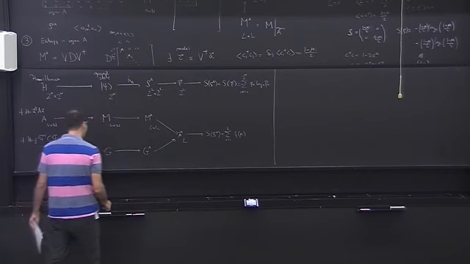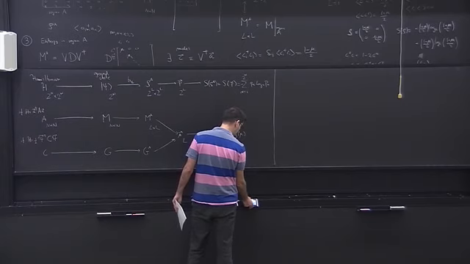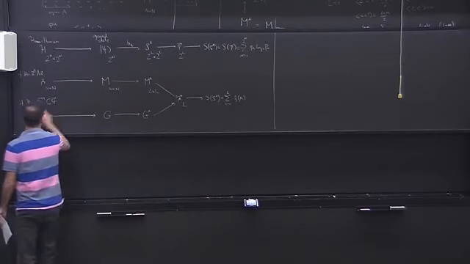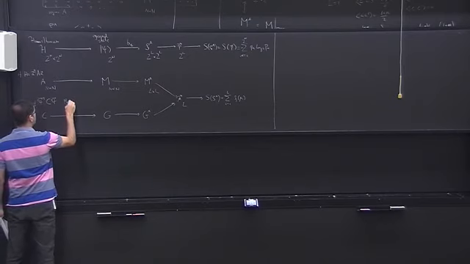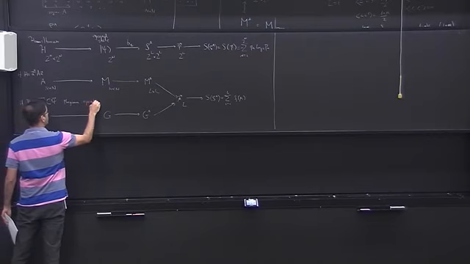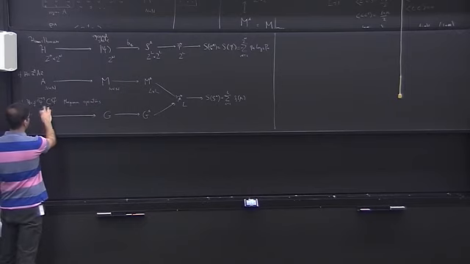So if our Hamiltonian instead was quadratic in Majorana modes, okay, which we saw last week, then it's a very similar story.